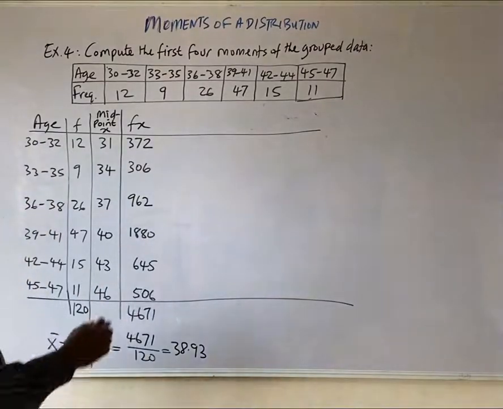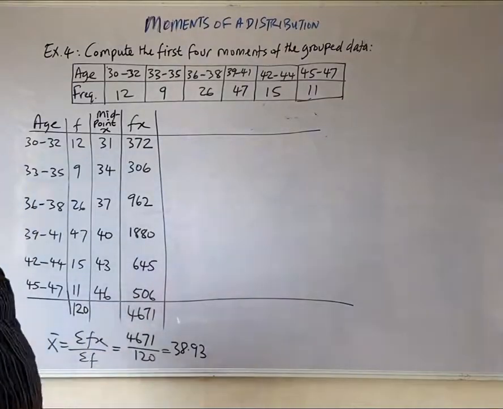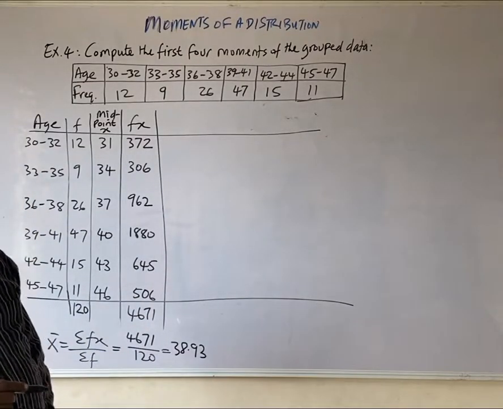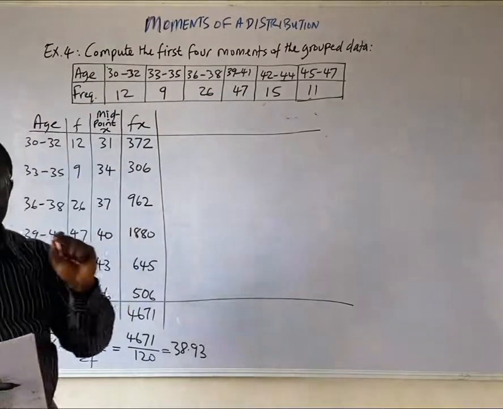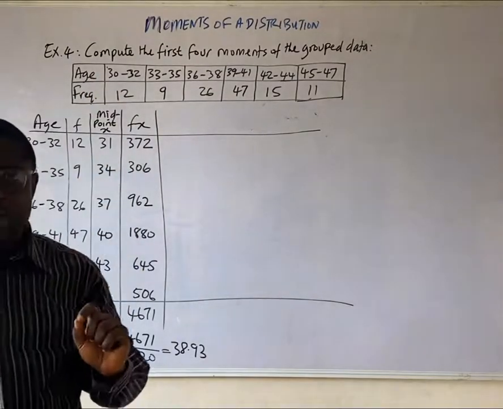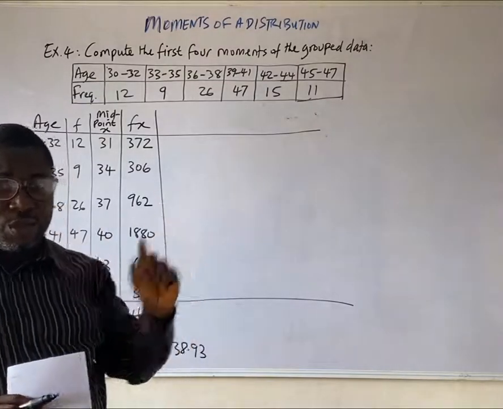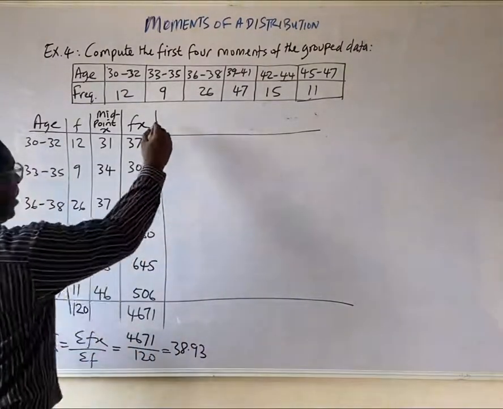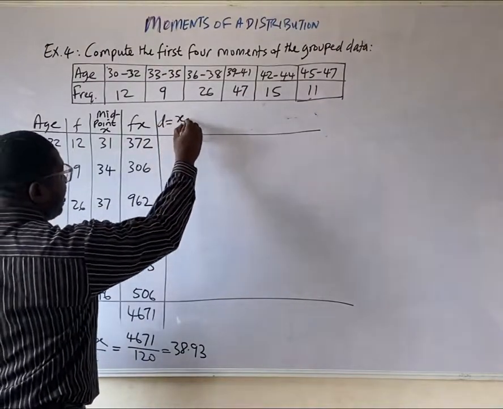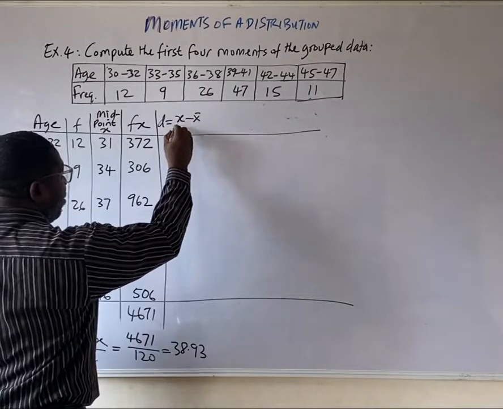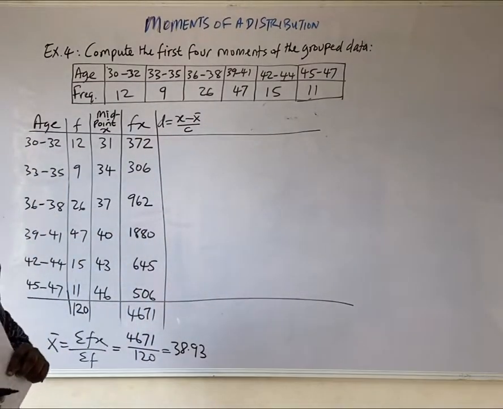Okay, what's the next thing we do? We'll now find the deviation. Now, because we're having grouped data, the formula for deviation will be slightly changed. Now look at the formula I'm going to give you for the deviation. In this case, deviation will be x minus x bar all over class interval.